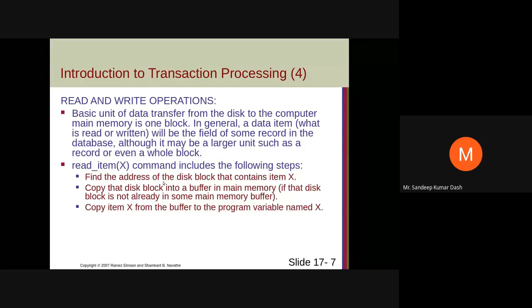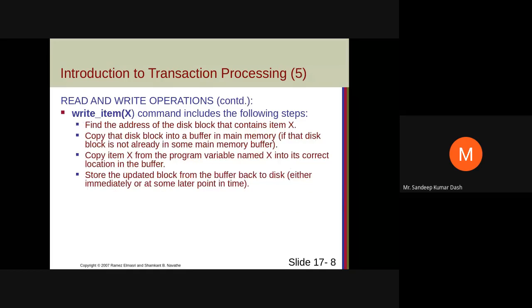As I said, buffer is a small memory location which is used for holding temporary data. So it will first be kept in the buffer, then from the buffer it will be sent to the program variable named X. By completing these three steps you say that you are reading a data item X from the database.